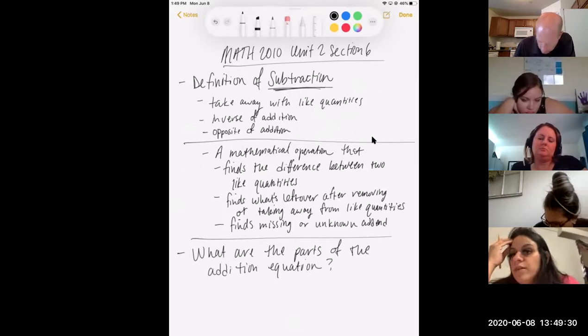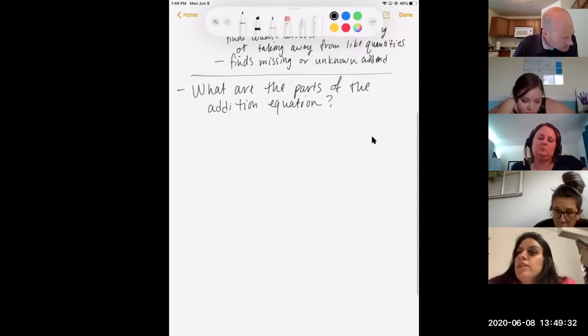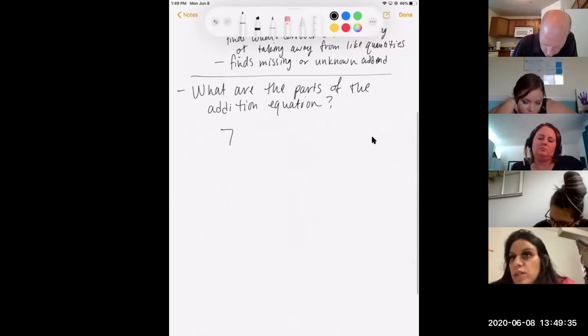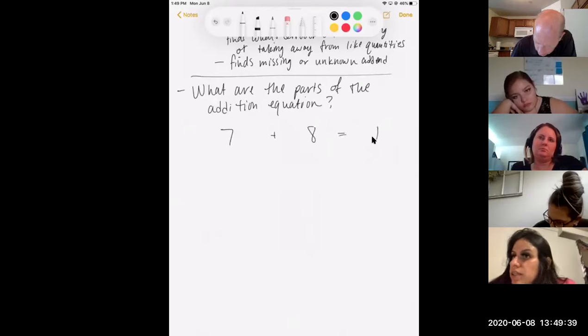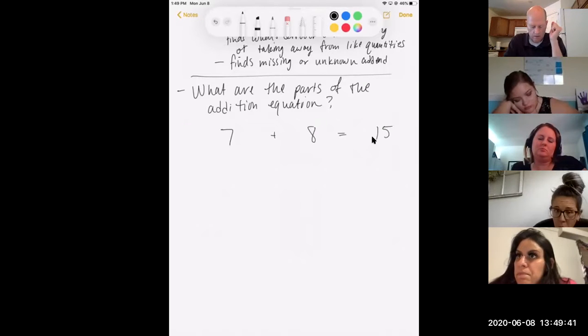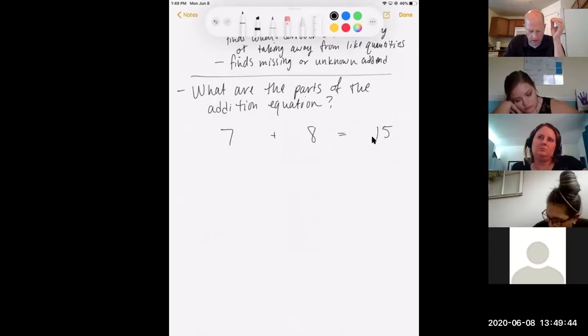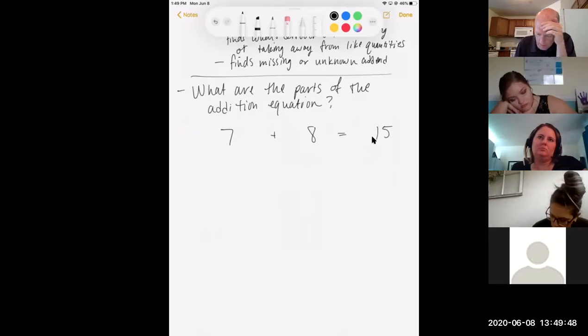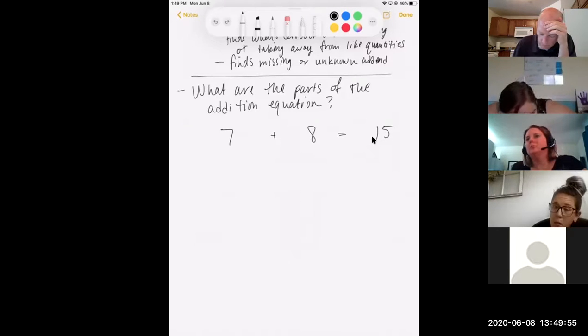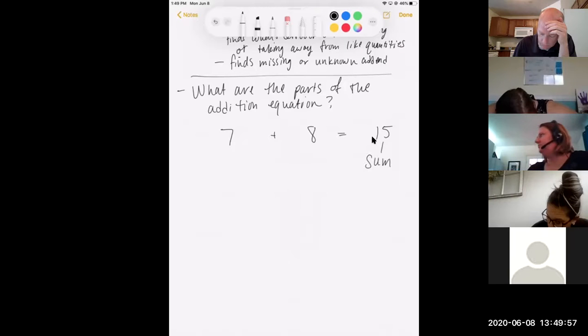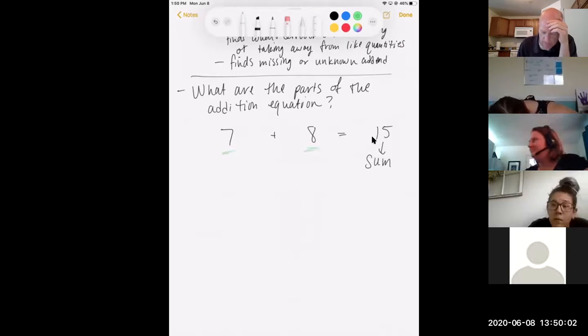So with an addition, you have to figure out the two things that are like quantities that you're adding. So like the 2 plus the 8, and then you get the sum. Okay, great. So we have different parts here. This right here is the sum, as you mentioned. What are the names of these two numbers in front?